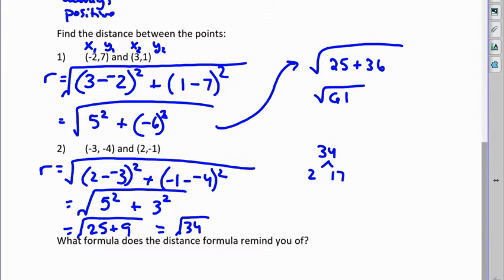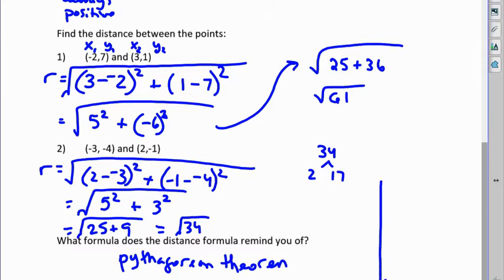Okay, and then that is the distance formula. And what does the distance formula remind us of? It actually is a version of the Pythagorean theorem. And if you think about those coordinate points in here, for example, on the second example, here's this point at -3, comma, -4.